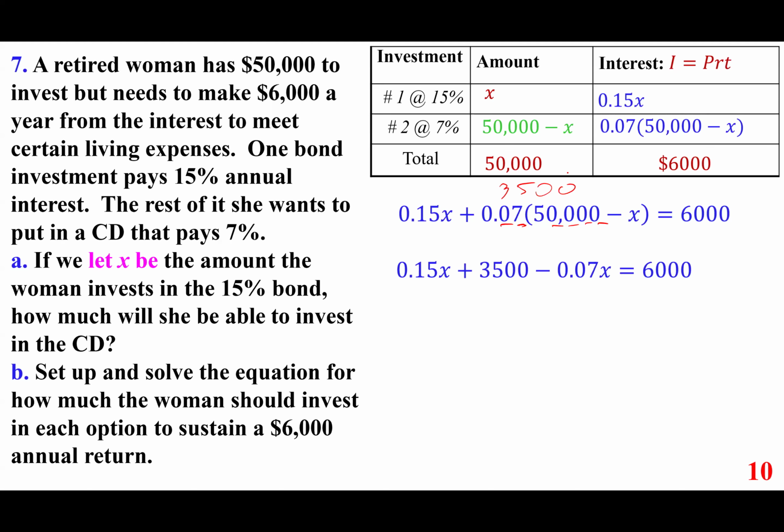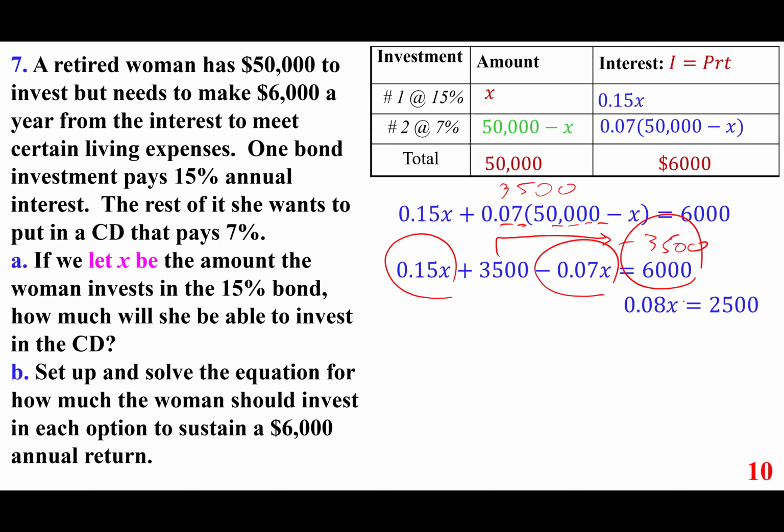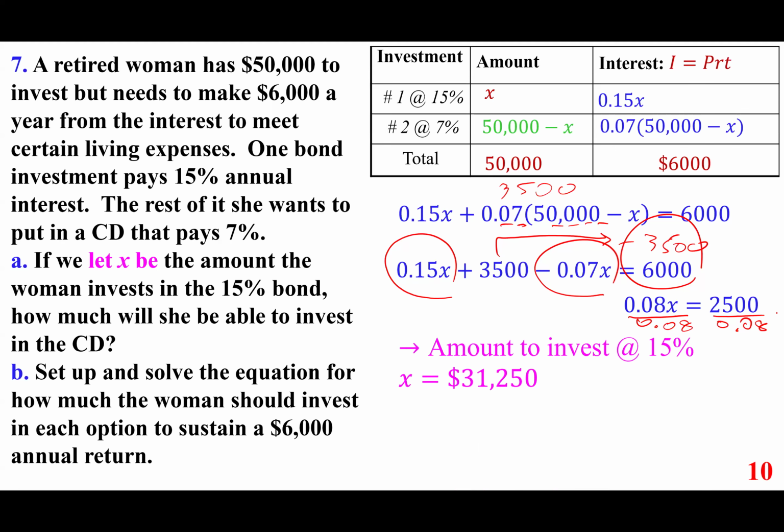So you put together what you can. This one and this one is 0.08x. This one you subtract from 6,000, you get 2,500. You divide both sides by 0.08, and you get $31,250.